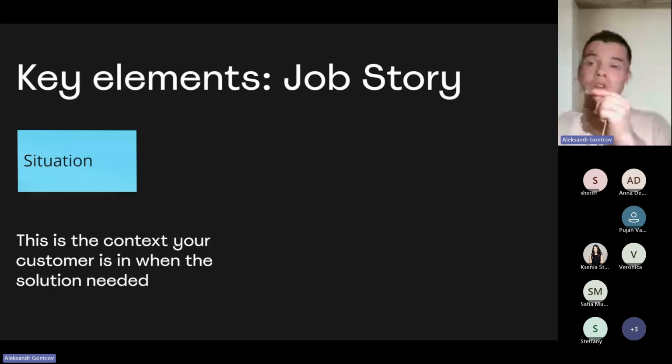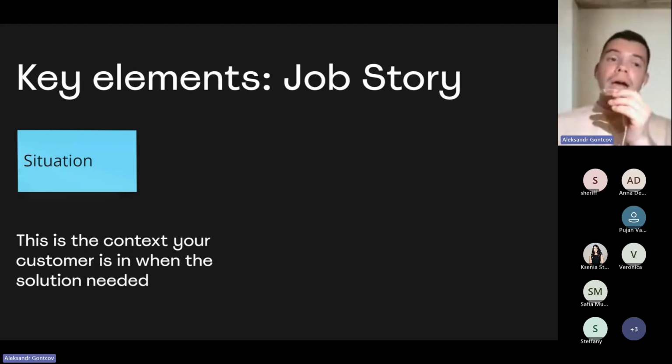There's the job statement and the job story. We are working with the job story. A job story is a narrative. It helps you to understand the context, the situation where your customers buy your product. So basically, it's about a particular situation when the product is needed for your customer.